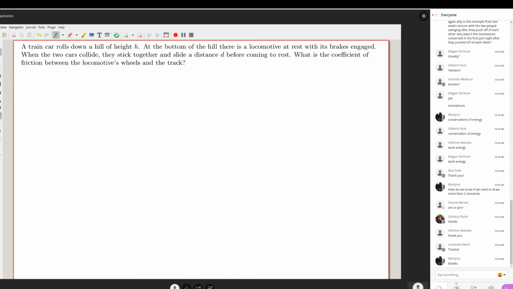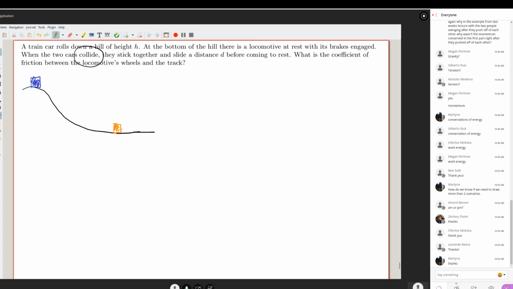So here, in this problem, you actually need 4 pictures. Because we know we need conservation of momentum because there is a collision, right? So my art is going to be terrible. I'm starting out with a train car up here, we'll make it a different color, and I have another one at rest down here.